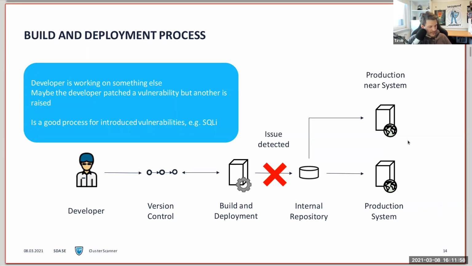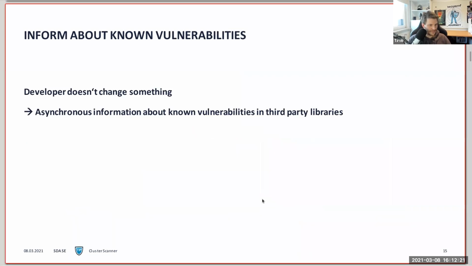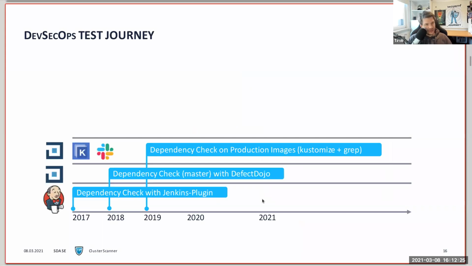But what in case the developer patched a vulnerability? That's why he wants to push to production, and it stops because another vulnerability was raised. So this is about known vulnerabilities problems. That highlights that from my point of view, it needs to be asynchronous when you do these kind of things.